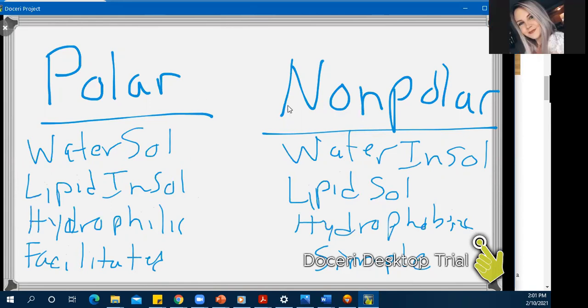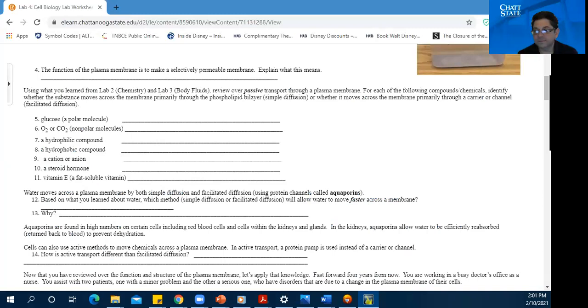I have a question. Yeah, go ahead. On number 9, it's the cation or the anion, and we said it was facilitated diffusion, but polar ions are polar. Yeah, but ions have a charge, don't they? Yes. And since they have a charge, and polar compounds have a charge, they mix well together.